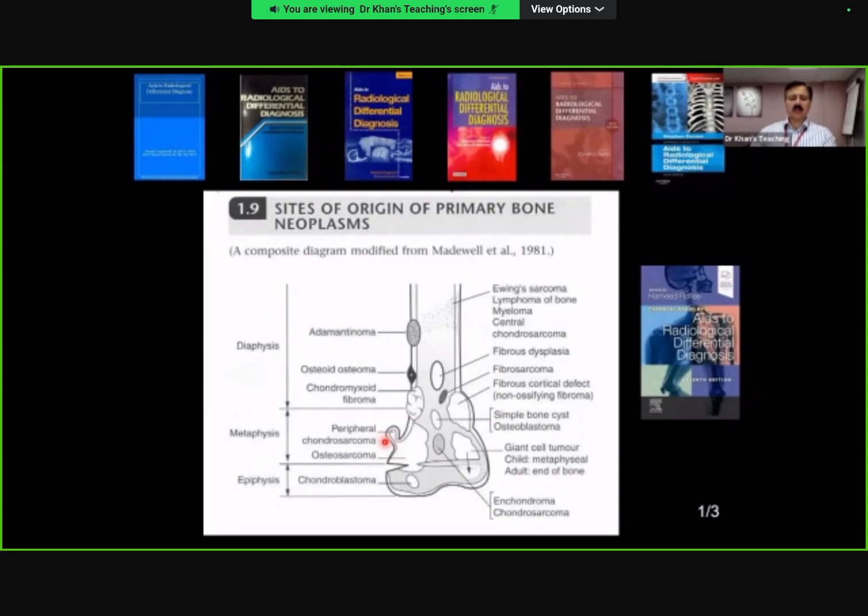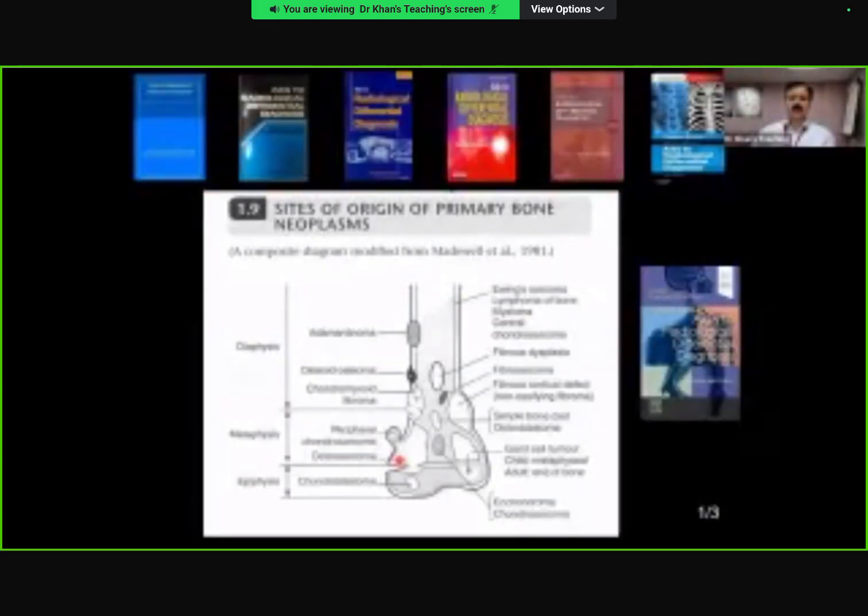You know the concepts. What are the criteria for malignant transformation? Taking it further is this lesion, which is osteosarcoma. Osteosarcoma is a very, very important bone tumor, usually young age group. And look at the location. The location is metaphyseal and it is eccentric. So important point to remember.